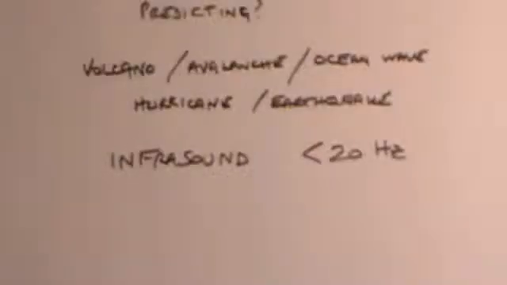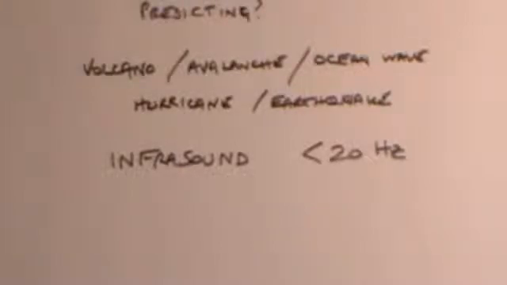In an earlier video, we talked about ultrasound, that is sound whose frequency is too high for the human ear to hear. That's generally at least more than 20 kilohertz. There's another form of sound called infrasound, which is too low for the human ear to hear. It's generally less than 20 hertz, 20 cycles per second, and this is associated with volcanoes, avalanches, ocean waves, hurricanes, and earthquakes.